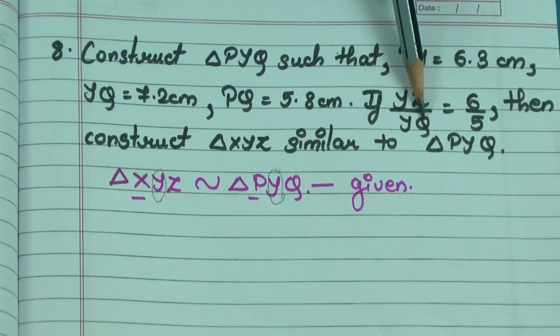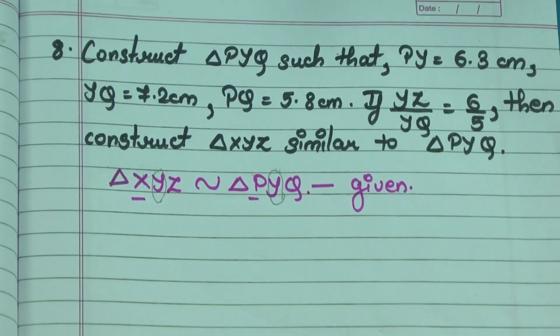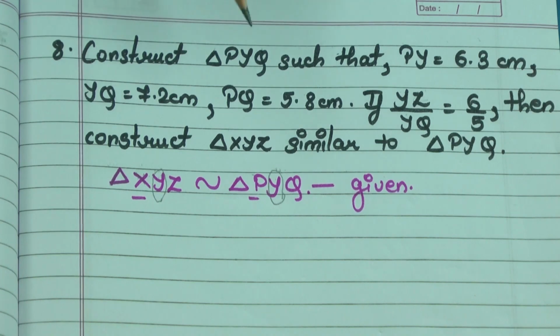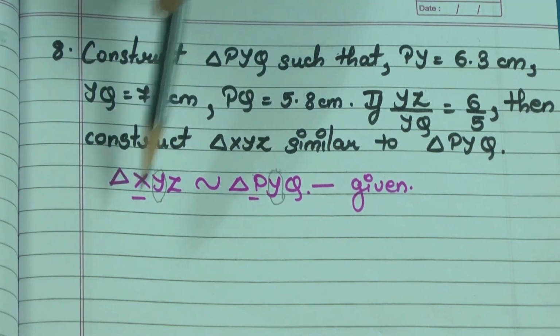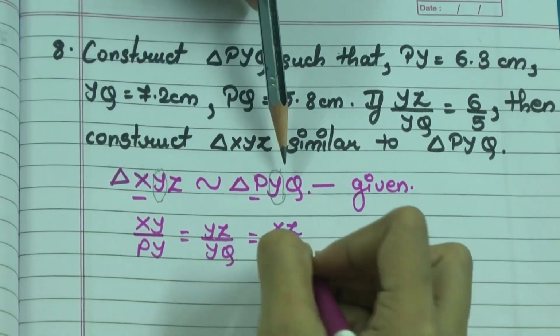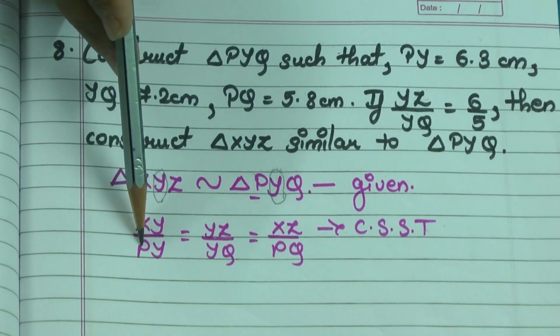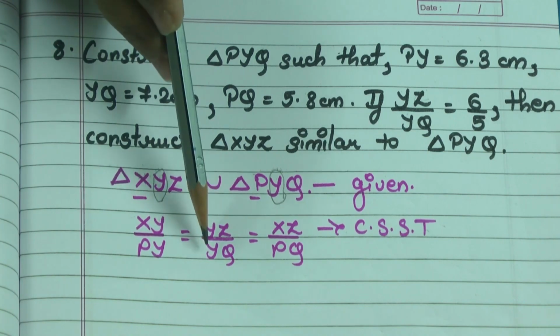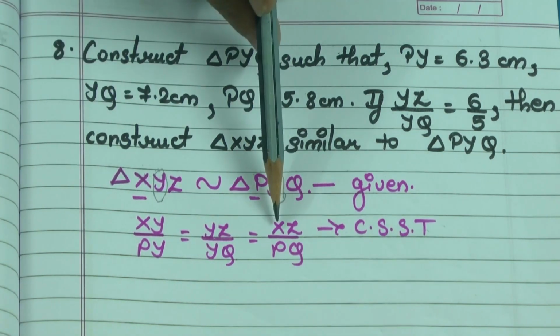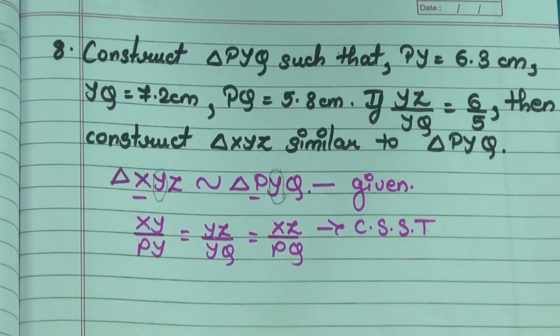YZ upon YQ is equal to 6 upon 5. Ratio is given. So let us see which ratio will fall on what. Now XY corresponds to PY, YZ corresponds to YQ, and XZ corresponds to PQ.